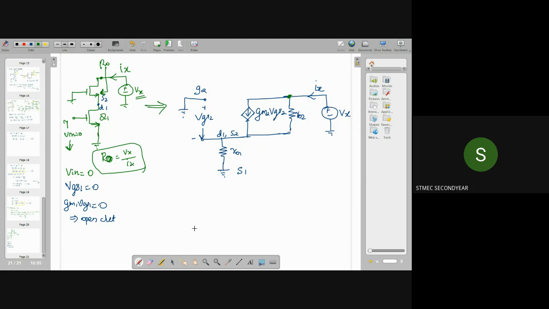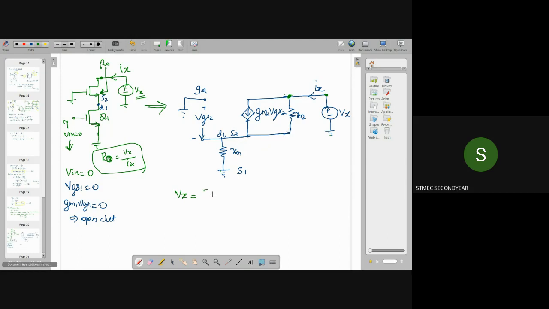The applied voltage is Vx, so Vx is applied between this point and ground. That voltage is divided between R02 and R01, since they are connected in series between this point and ground.